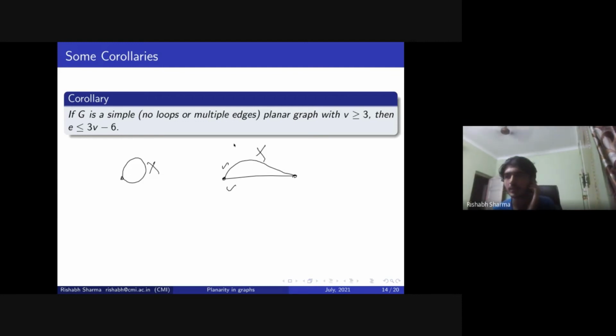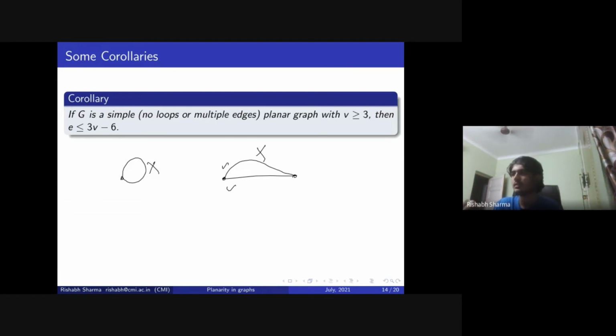Degree greater than 1. Sorry, what do you mean? Do you have a question? For multigraphs, degree is greater than 1.